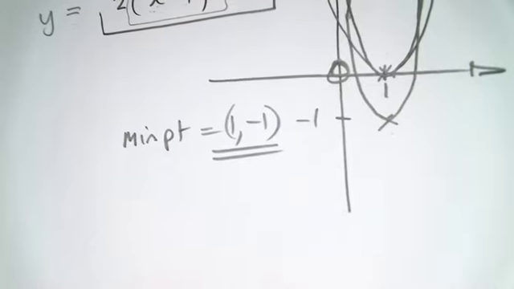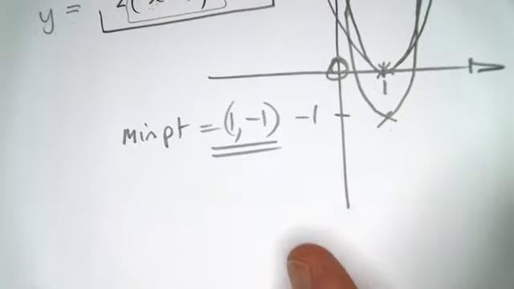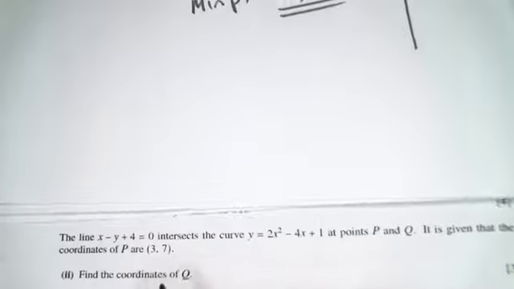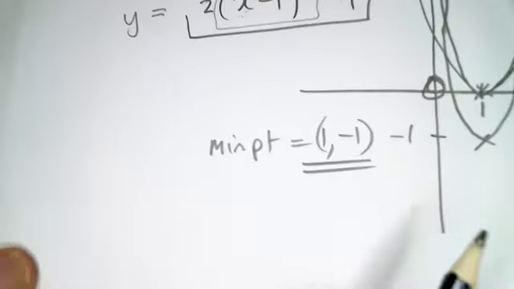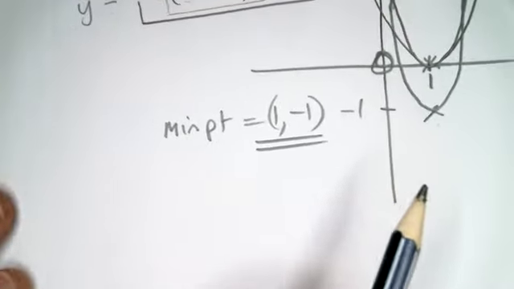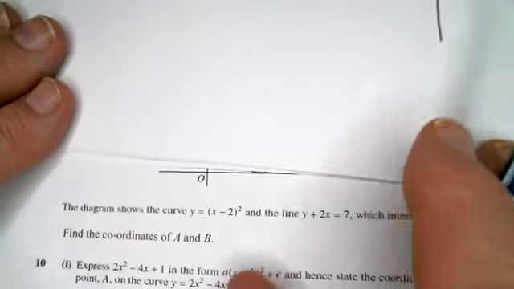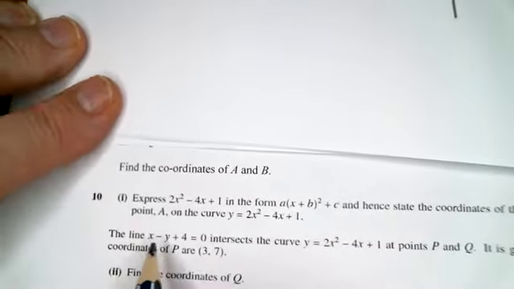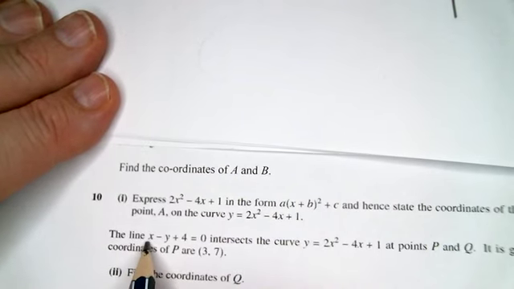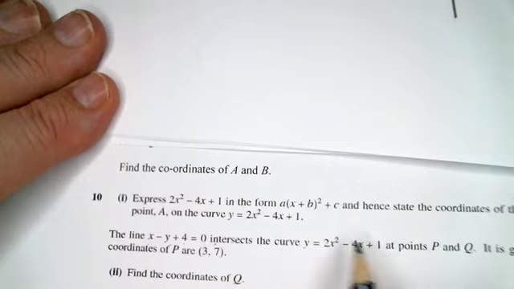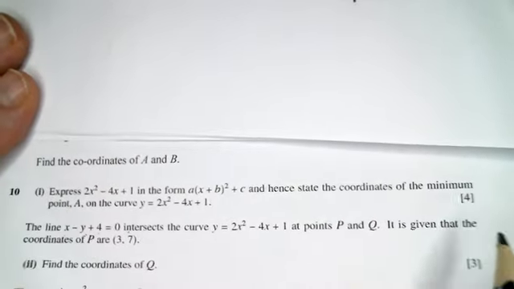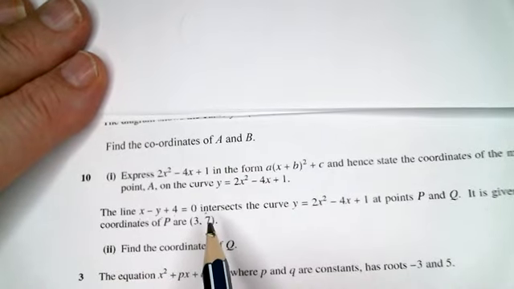Okay, now the next part of it. All right, now next bit, it says to us, look, we've got the line x − y + 4 = 0 intersects with this line here, at points P and Q, given that the coordinates of P are (3, 7).